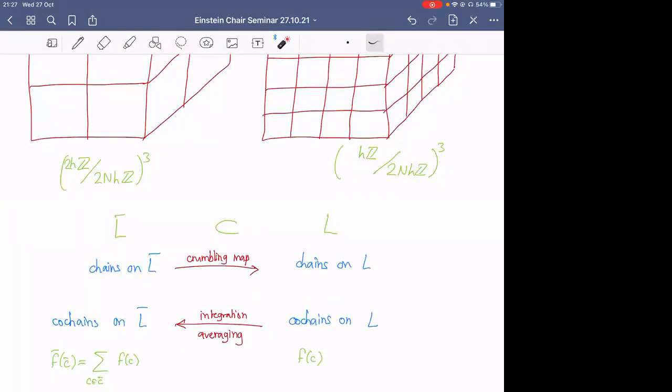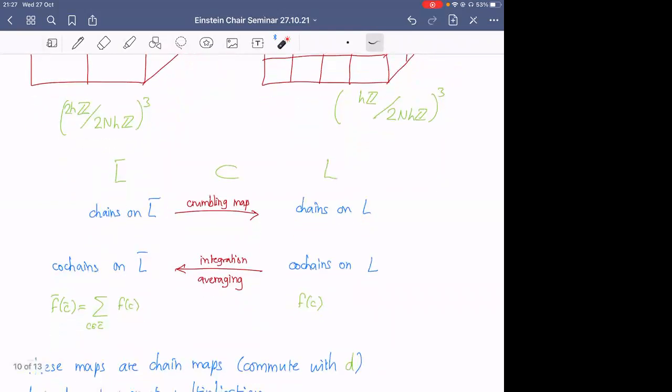So in other words, if you have a cochain on the fine lattice, you have to define a cochain on the coarse lattice. Its evaluation on a coarse chain will be given by summing over all the subcells, fine cells inside that coarse chain, the value of the cochain on those elements.